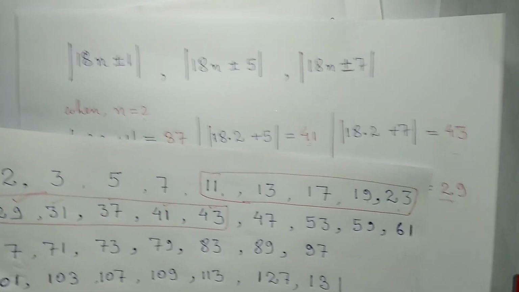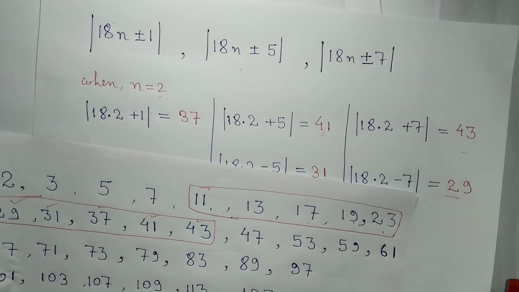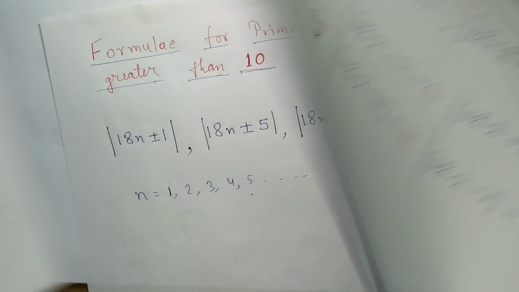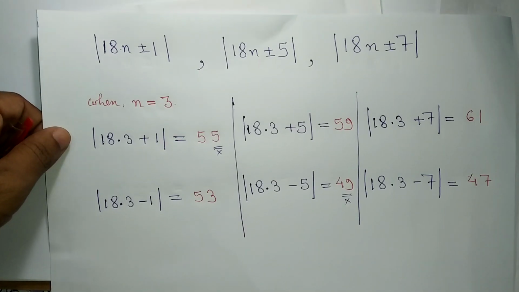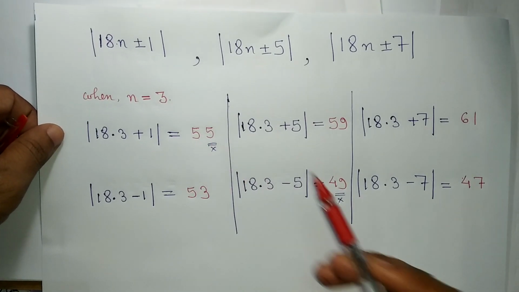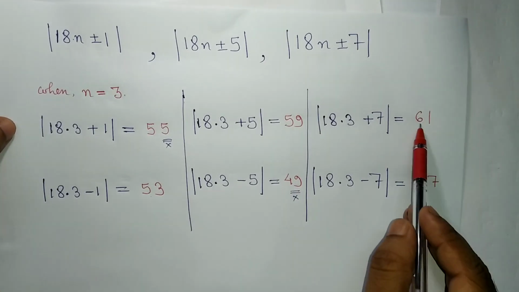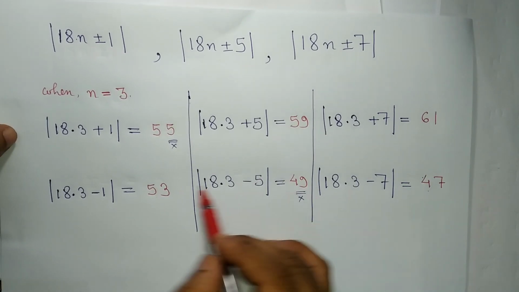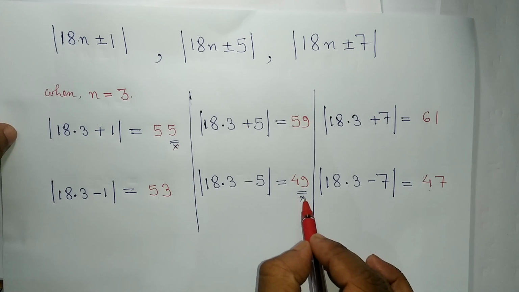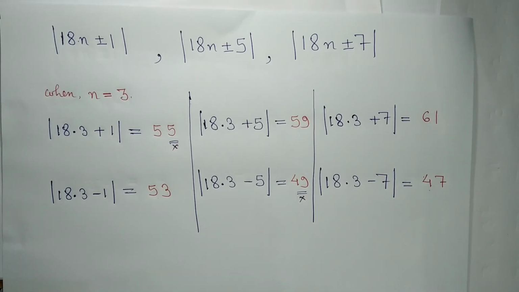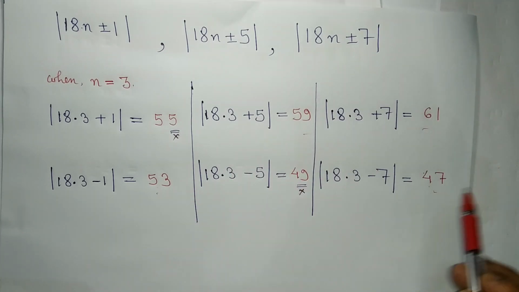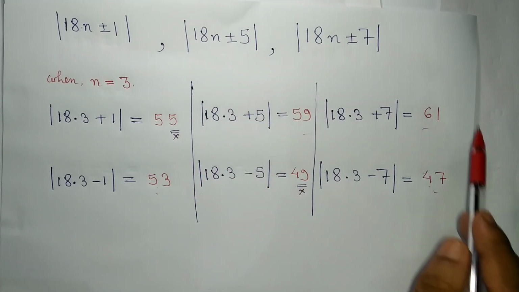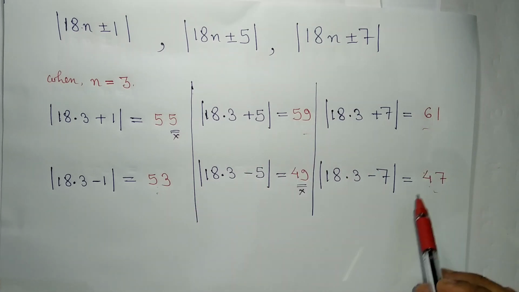Now let's see when n equals 3. When n equals 3, the outcomes are 55, 53, 59, 61, 47. Only 2 outcomes are composite numbers, but the rest 4 are prime numbers. This means out of 6 we get 4 prime numbers.